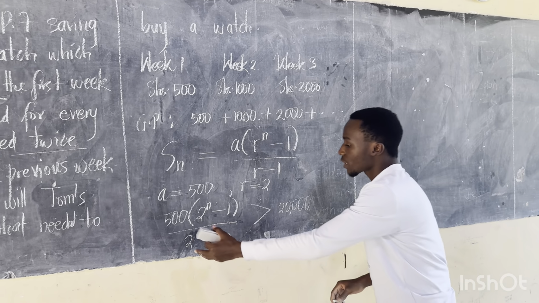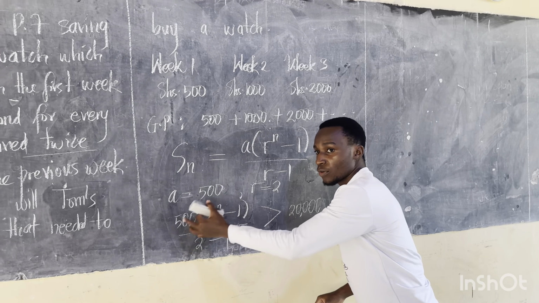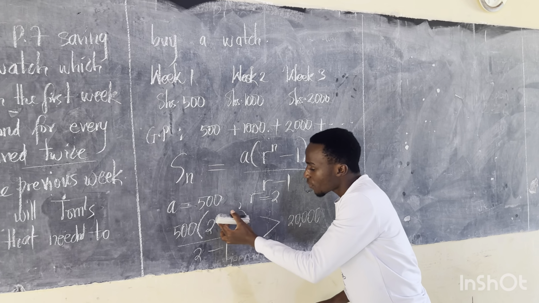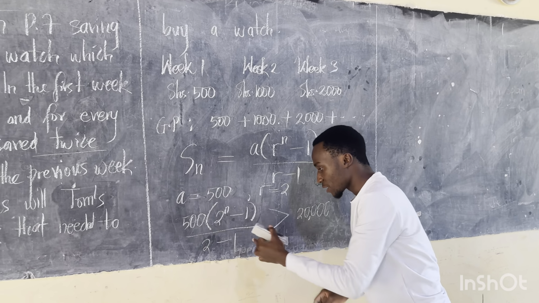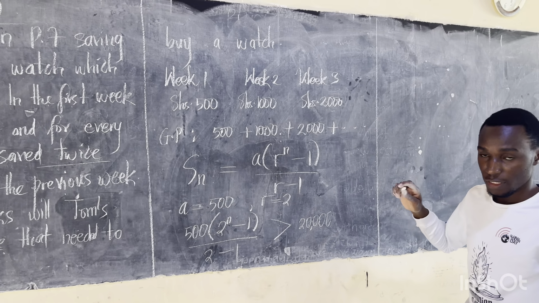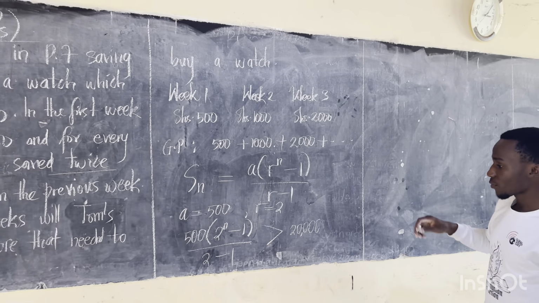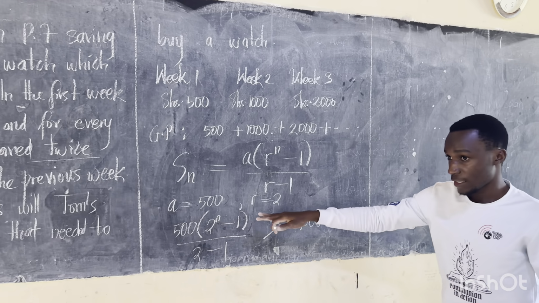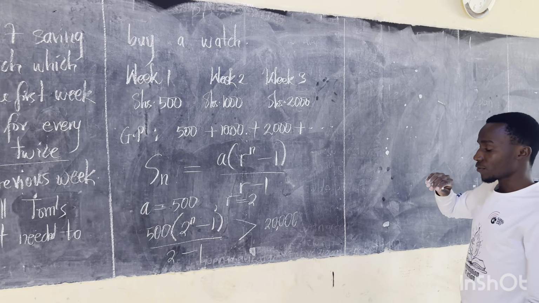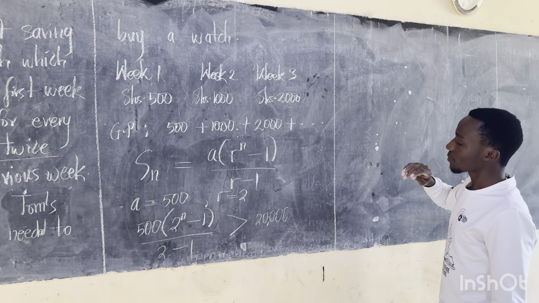As we are summing up all the money collected in a number of weeks we do not know, we want this money to be just more than the 20,000. In this situation, we shall solve this inequality to find the value of n.